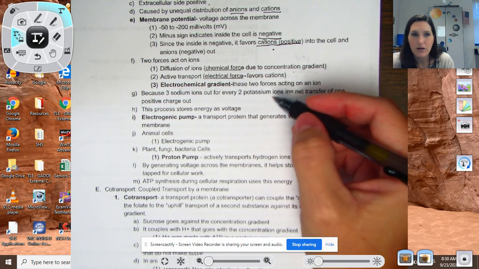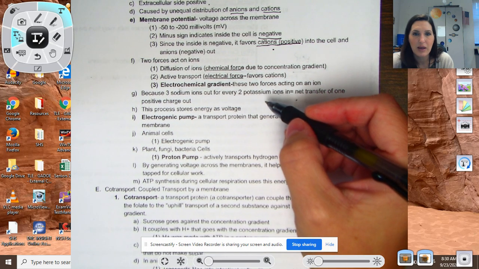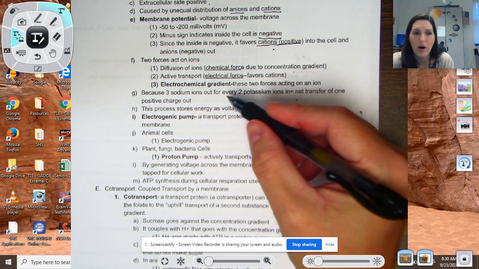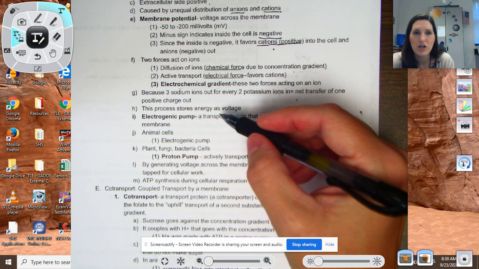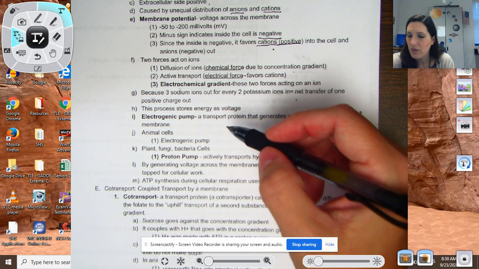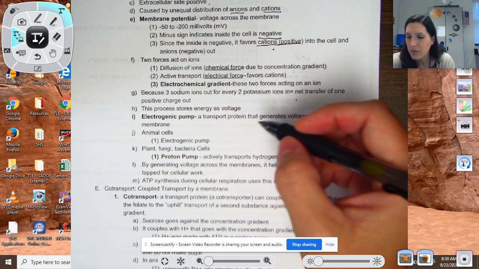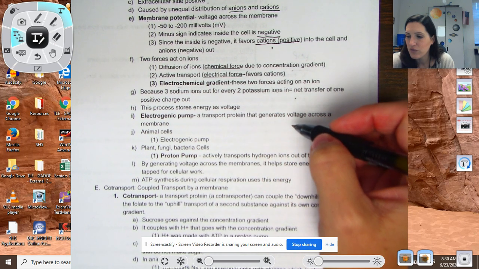Because the pump moves 3 sodium out and 2 potassiums in, there is a net transfer of 1 positive charge out, so this process stores energy as voltage. The electrogenic pump is a transport protein that generates voltage across the cell membrane.